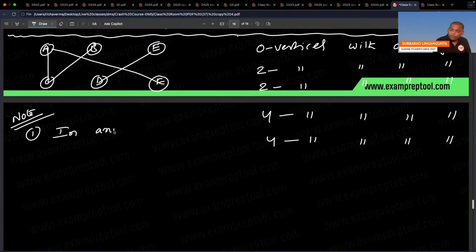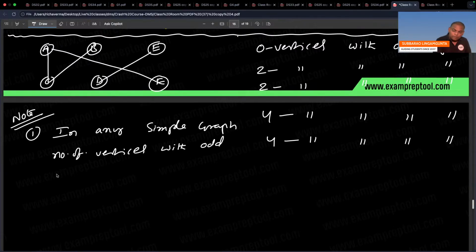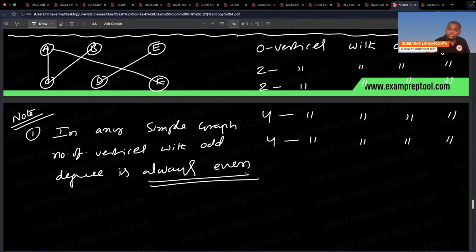In any simple graph, the number of vertices with odd degree is always even. Be careful, it is a very powerful statement. In any simple graph, the number of vertices with odd degree is always even. Be careful, this is a very powerful statement.